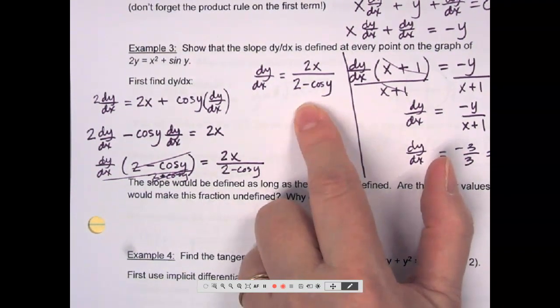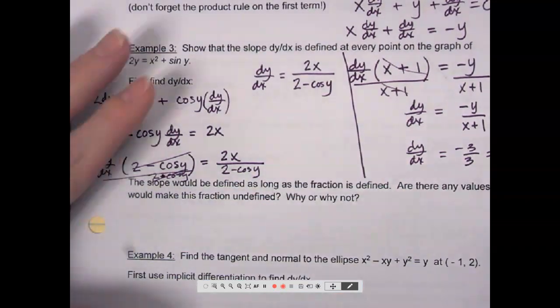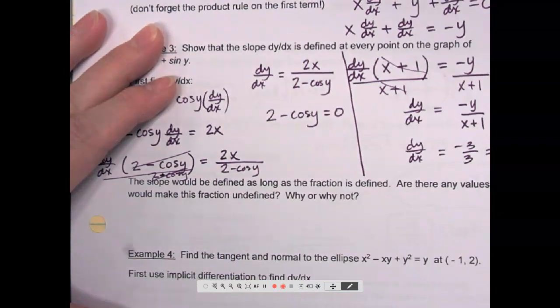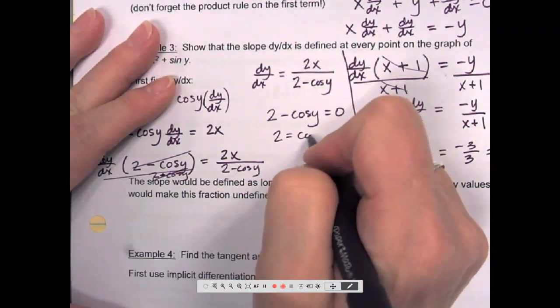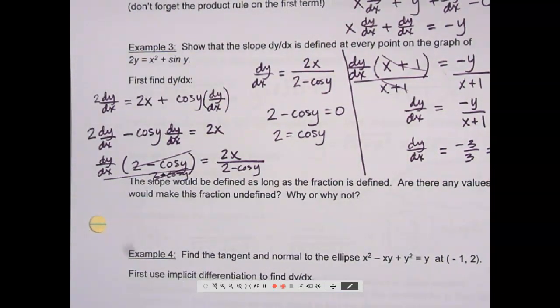How would this not be defined? If the denominator was 0. Okay, so let's see. Can this denominator be 0? If so, what would make it be 0? Where is cosine equal to 2? Think of your cosine graph. Where does it reach up to 2?